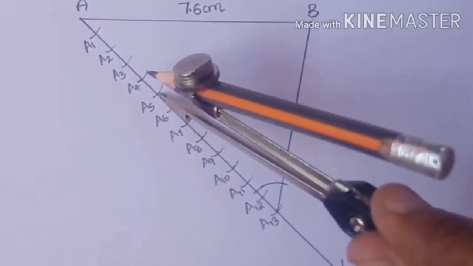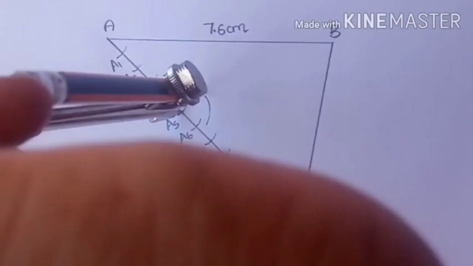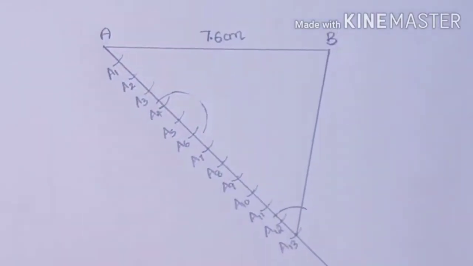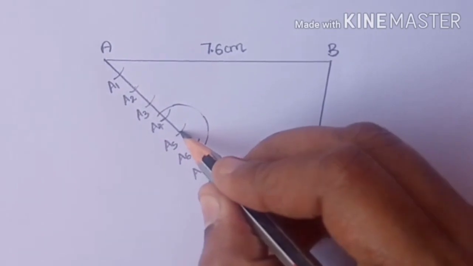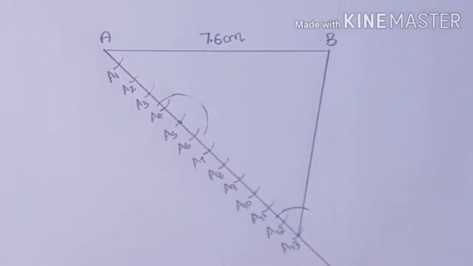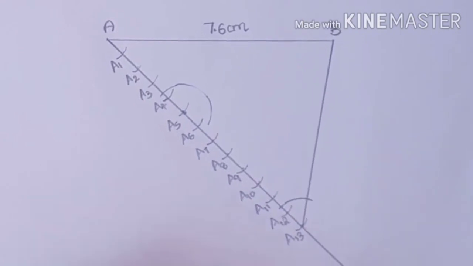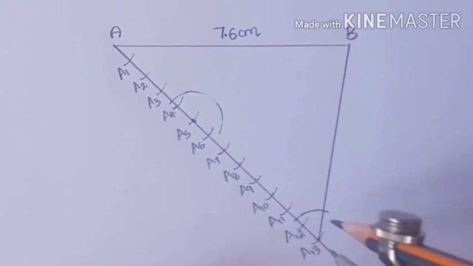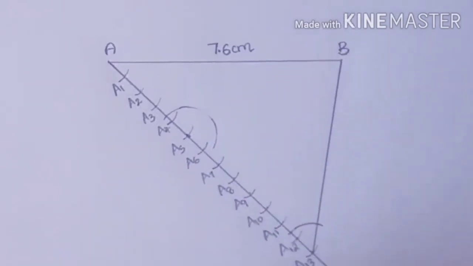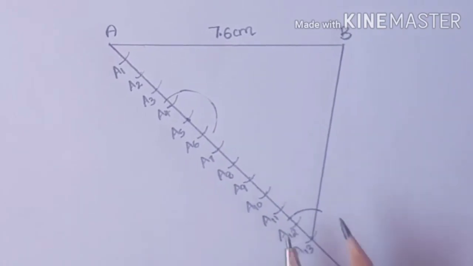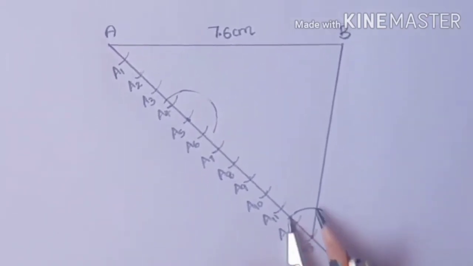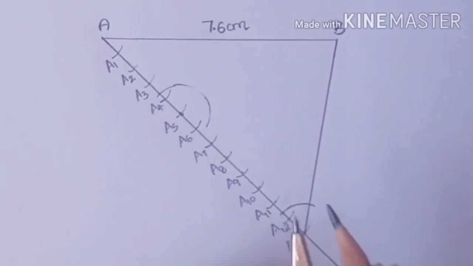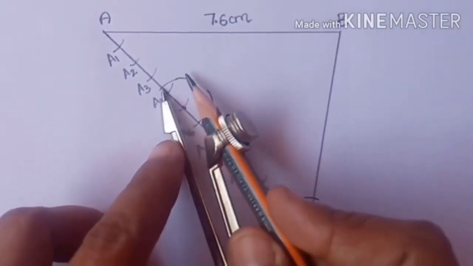And at A5 also, using the same radius, draw the arc. Now, using the compass, measure the length of the arc which you have drawn. Using that length, cut the arc which you have drawn previously.